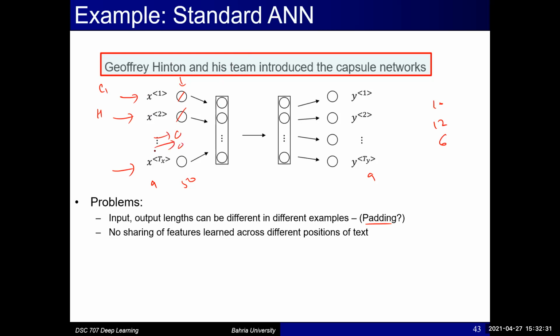When you are learning the weights here and here, position is important. If these words change position and they mean the same thing, then this information cannot be exploited by this conventional ANN, right? Because then it is learning that this word appeared at this particular position, which we don't want.